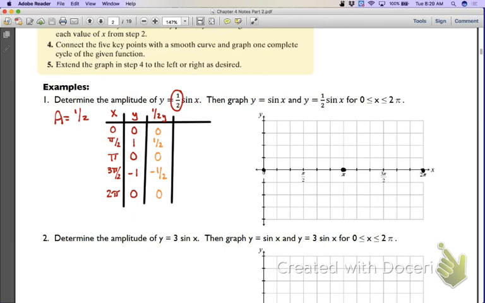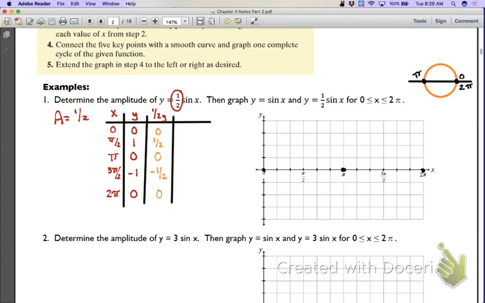Because, like we spent so much time on, where's it at 0? It's at 0, at pi, and then back to 2 pi, as we go around our circle.